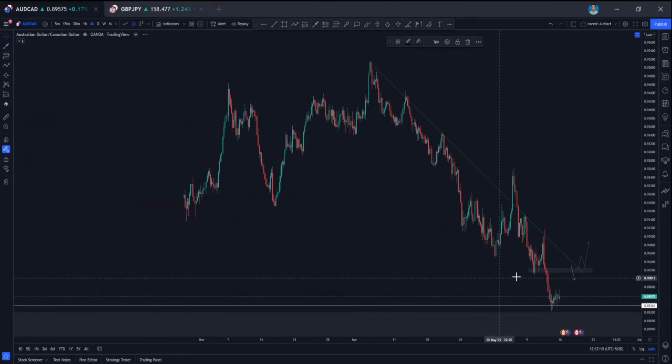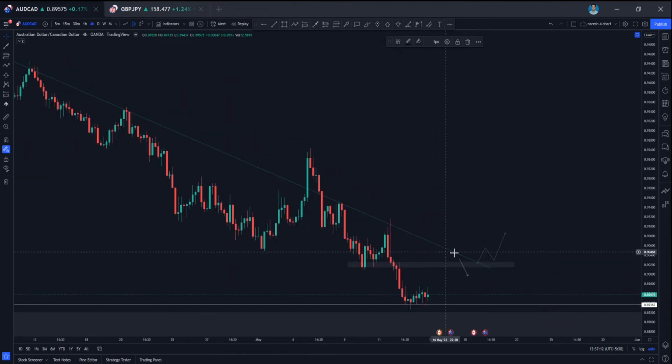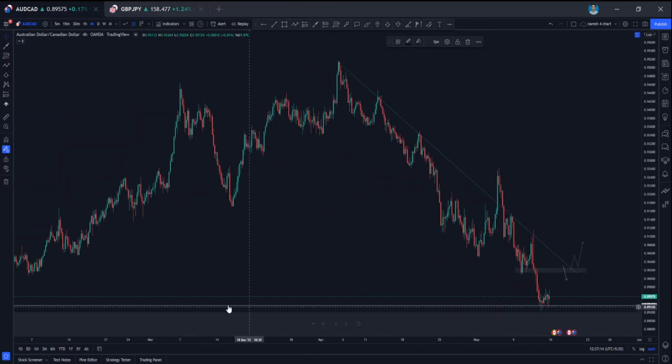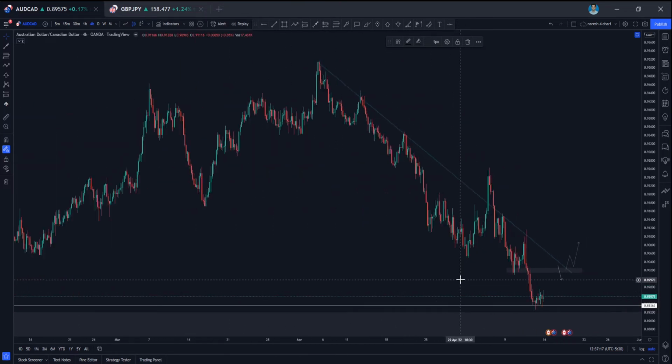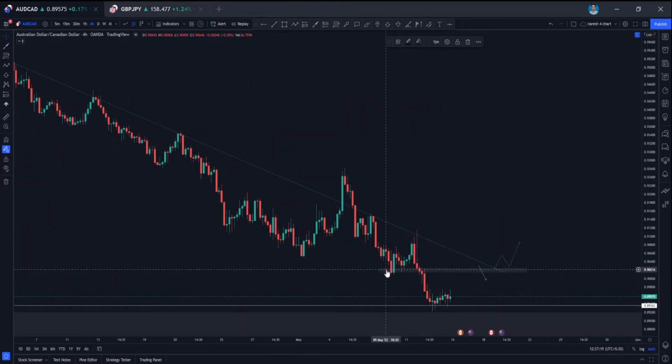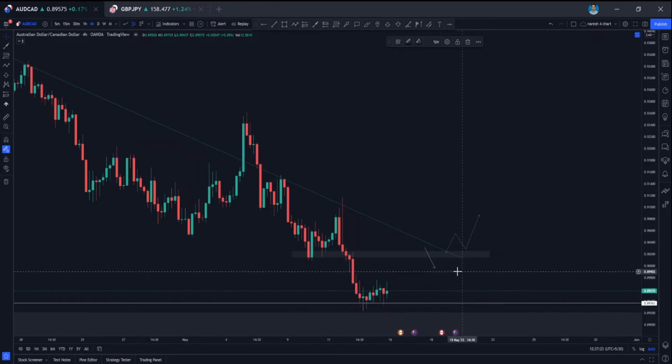Okay, why I am taking the long entries from here is because it is near an important support area, and if it is breaking this area, it will be violating the trend line strategy as well. So until and unless it is below this trend line, I'll be looking only for short entries. Only if it is breaking above and making a higher high and a higher low, I'll be looking for long entries.